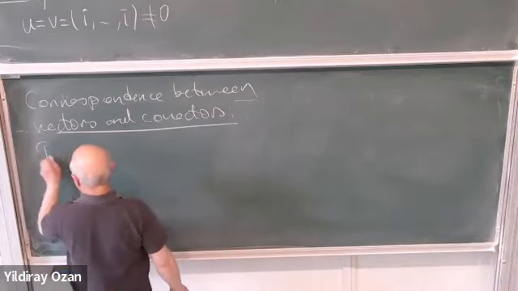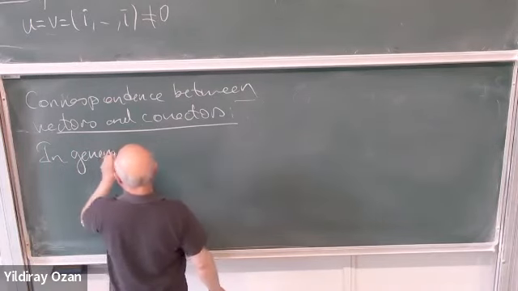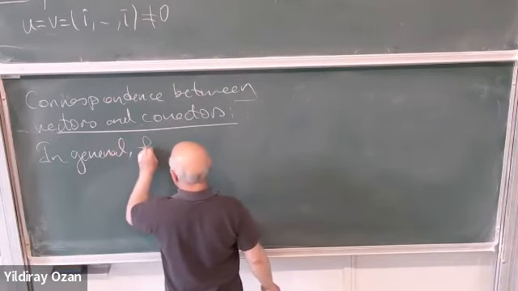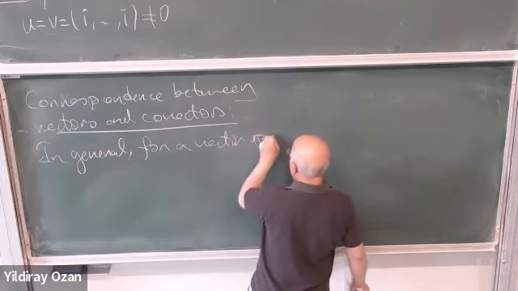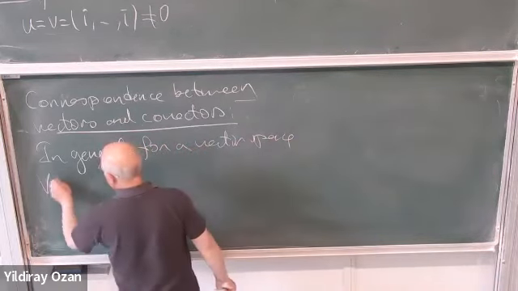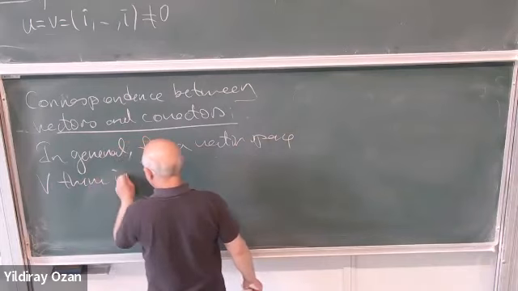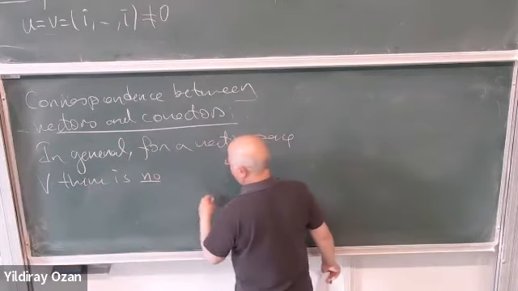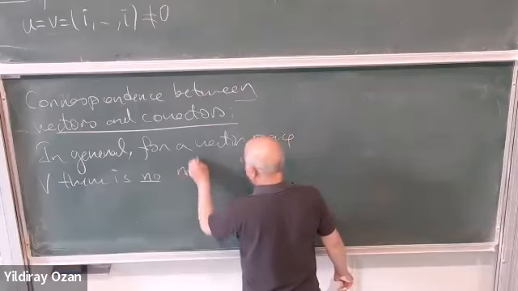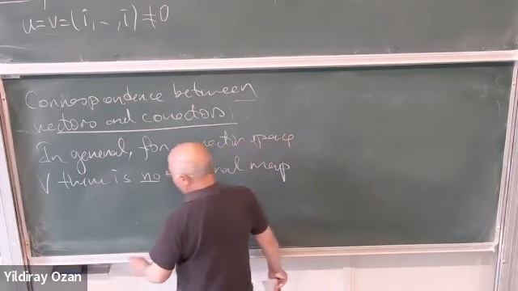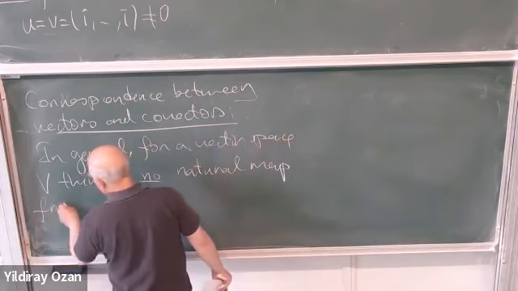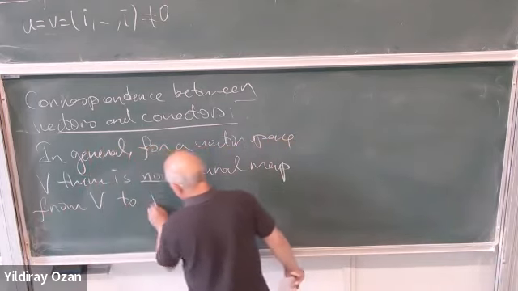In general, for a vector space V, there is no canonical or natural map from V to V star.